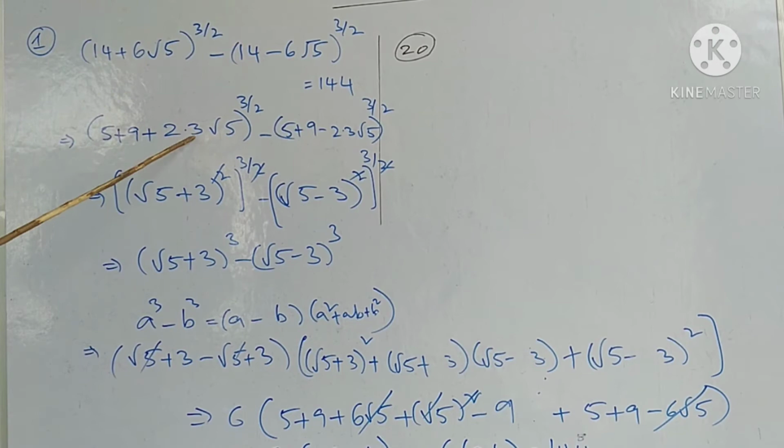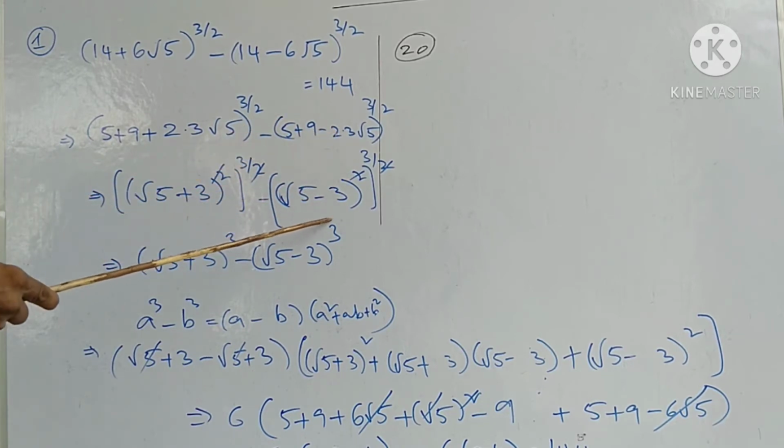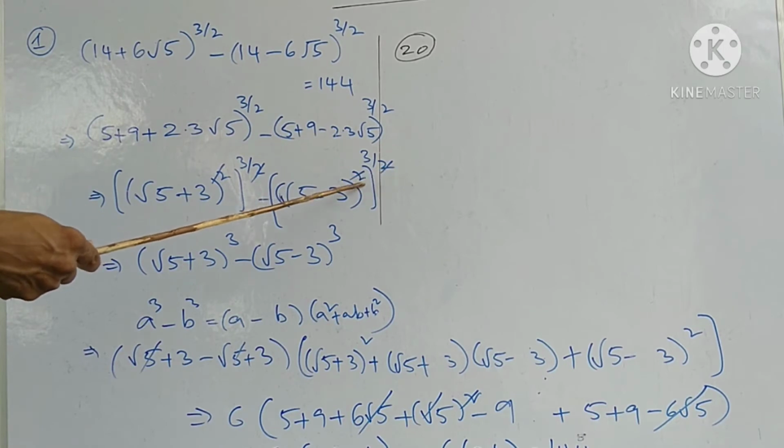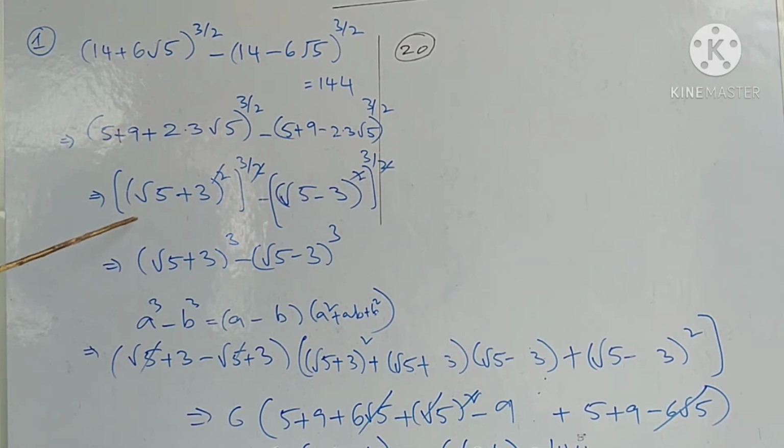So this is of the form root 5 plus 3 whole square, whole to the power of 3 by 2. Here 2 cancel. Minus root 5 minus 3 whole square, whole to the power of 3 by 2. Here also 2 cancel. So that is equal to root 5 plus 3 whole cube minus root 5 minus 3 whole cube.